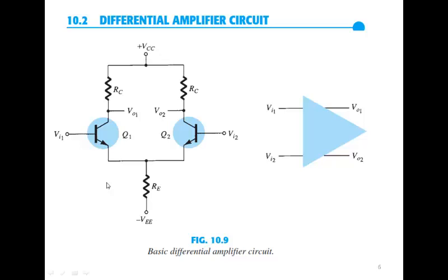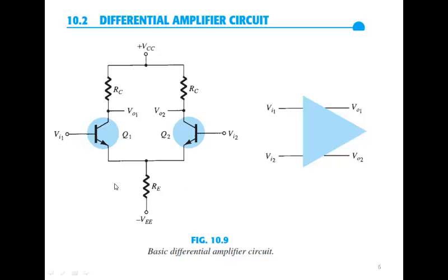Towards that we would like to find the gain of the amplifier: the gain to either input, or the differential gain and common mode gain of the amplifier. If you have an op-amp with two inputs, we would like to see what the differential gain of this amplifier is and what the common mode gain of the amplifier is.